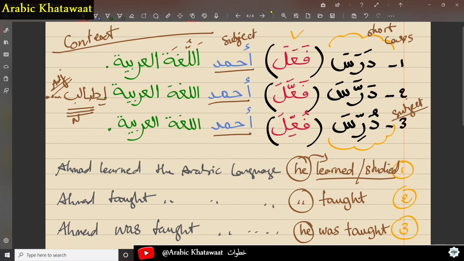And you have additional information that tells you that the verb here refers to Ahmed as a teacher. Now here, درس, he was taught. درس أحمد اللغة العربية.